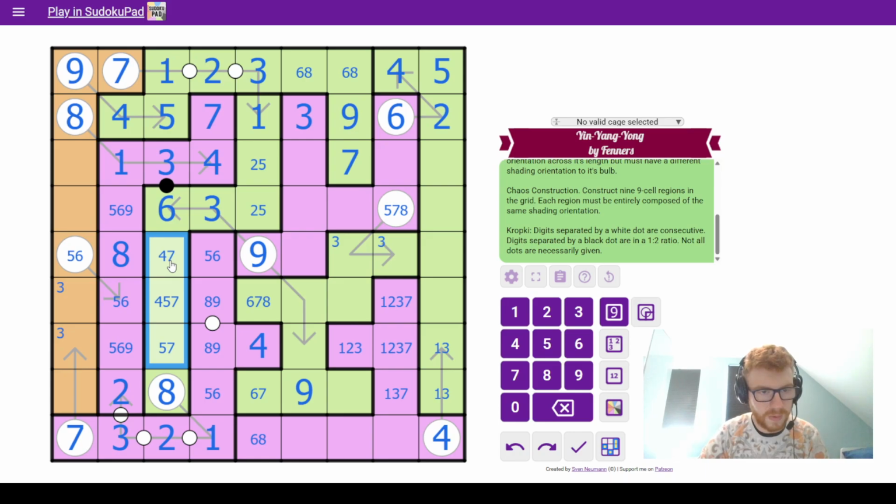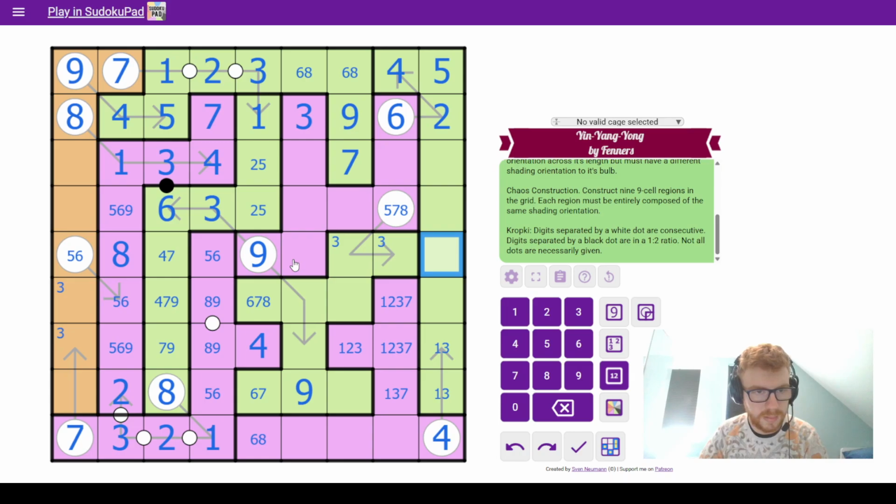1, 2, 3, 4, 5. I need 4, 5, and 9. I need 4, 7, and 9. So that's not 9. That's not 4. 4 cannot be there. Can you for some reason not be there? No. Okay.